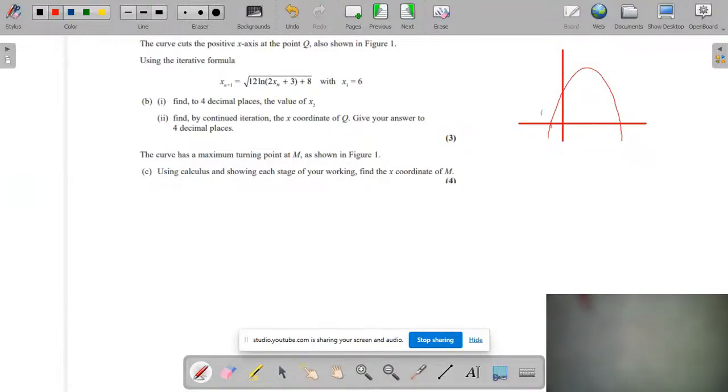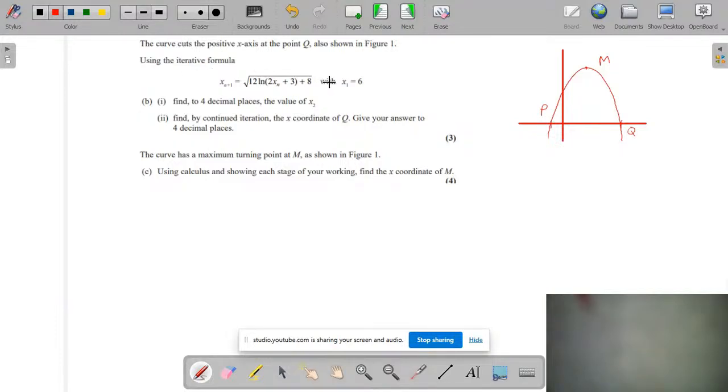There was point P, and there we have point Q, and here at the turning point, the maximum point, we have point N. Now the curve cuts the positive x-axis at the point Q as I have shown.